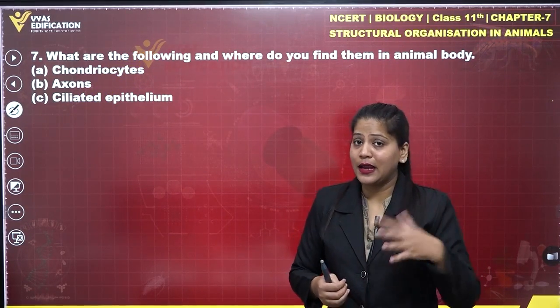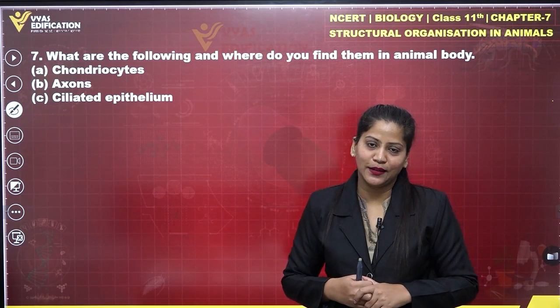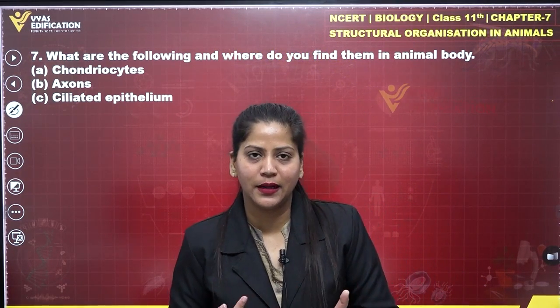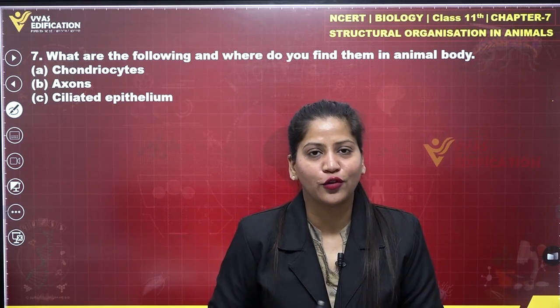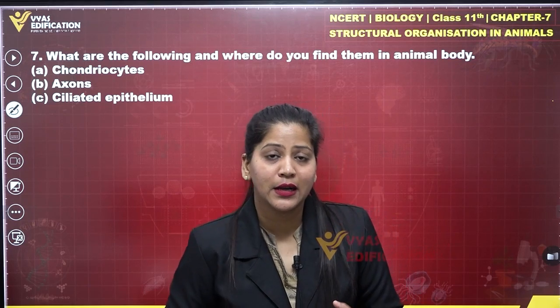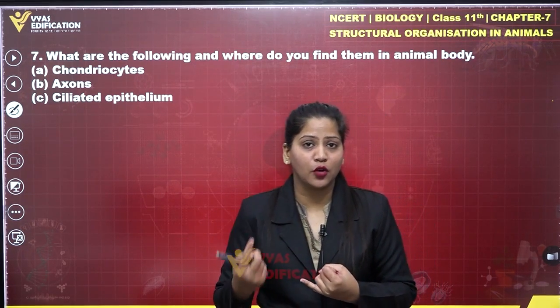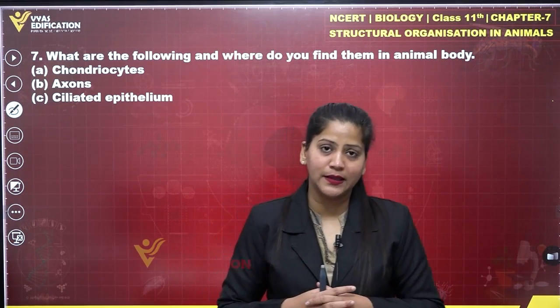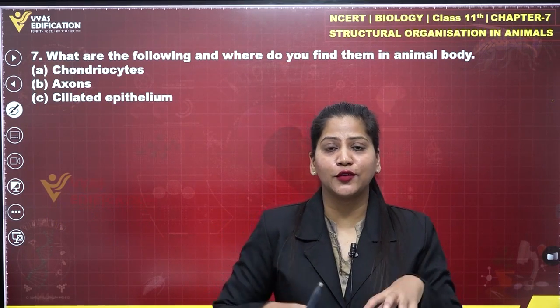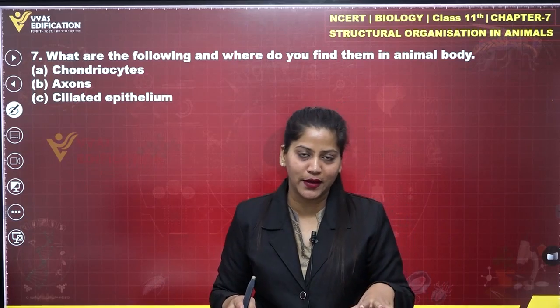The third, the last one we have is ciliated epithelium. Now ciliated epithelium is actually epithelium which consists of columnar or cuboidal epithelium, right? It consists of either columnar or cuboidal epithelium, with the presence of cilia on their free surfaces.